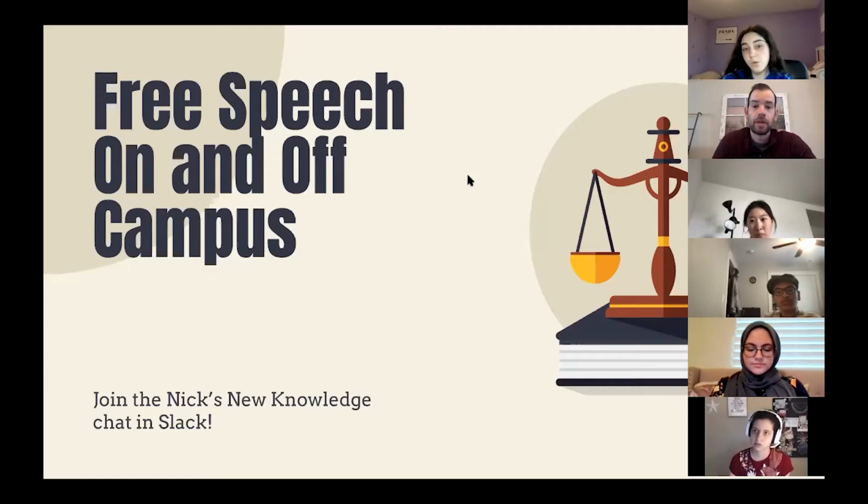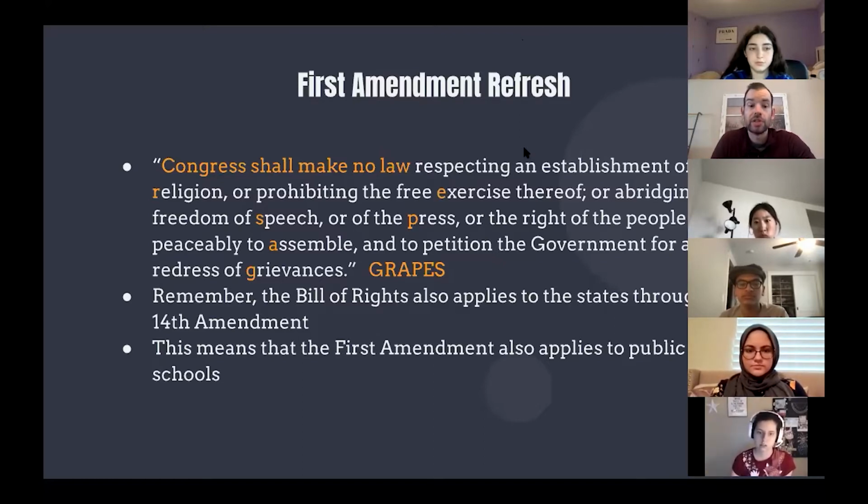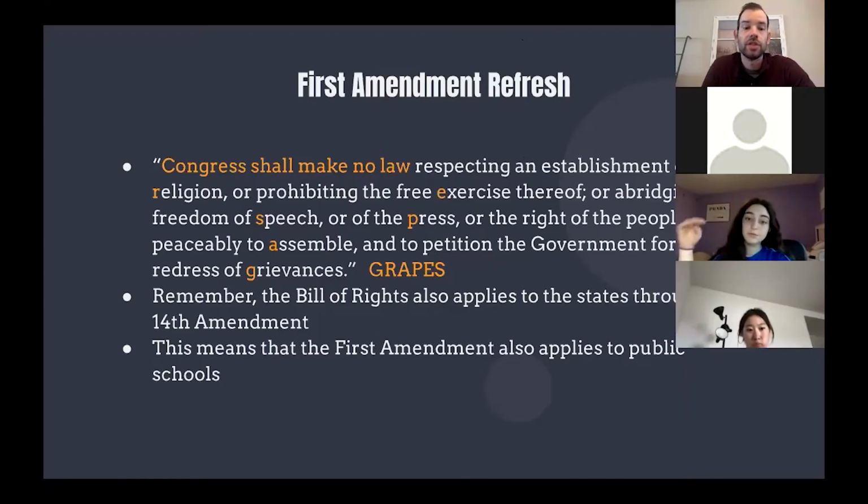As a refresher, let's think back to our first session on the First Amendment, or if you've learned about this in school before. The First Amendment says that Congress shall make no law respecting an establishment of religion or prohibiting the free exercise thereof, or abridging the freedom of speech or of the press, or of the right of the people to peaceably assemble and to petition the government for redress of grievances.